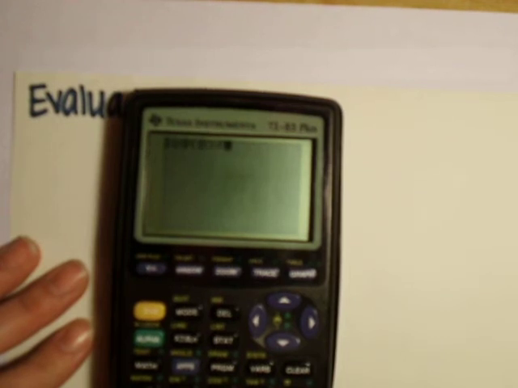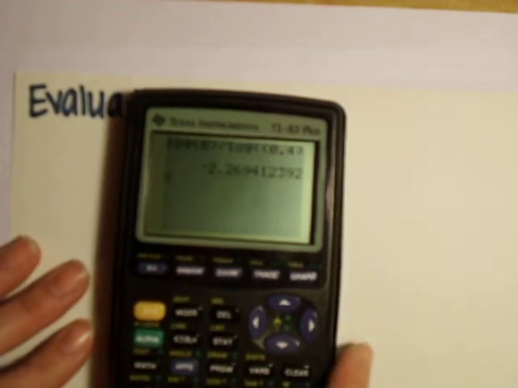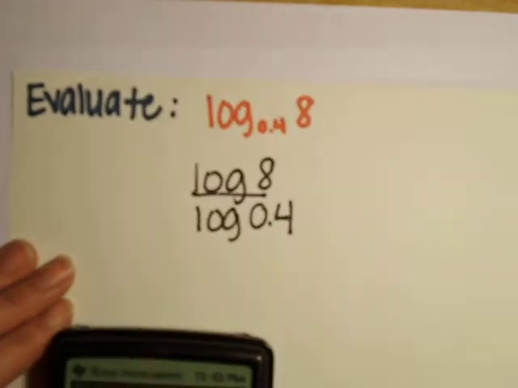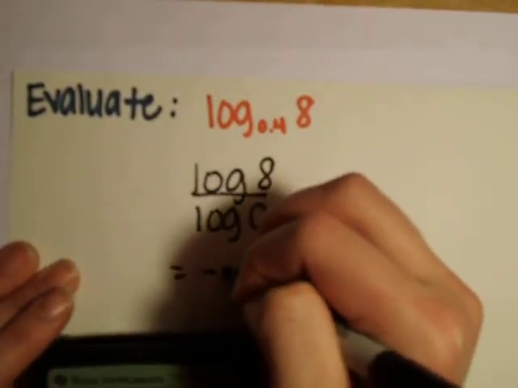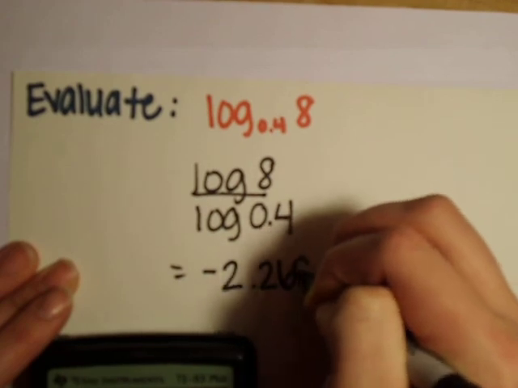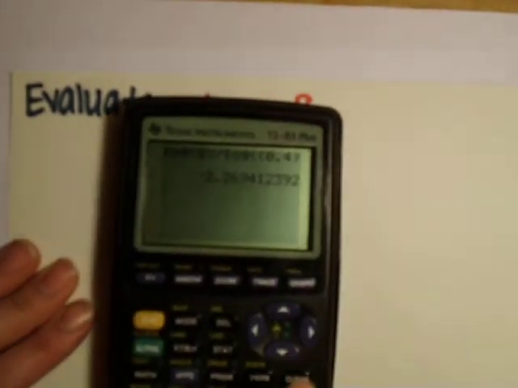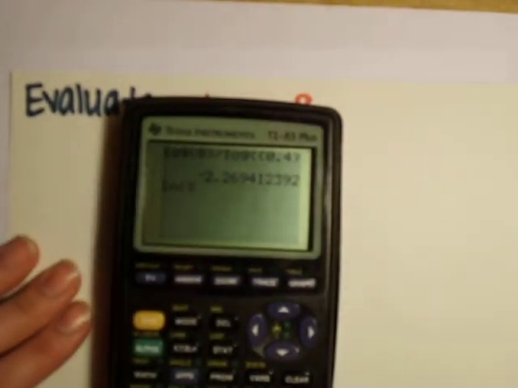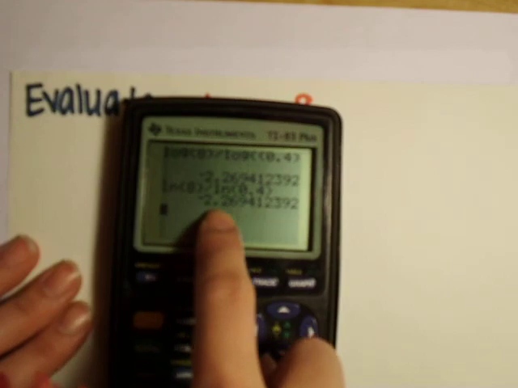Log of 8 divided by log of 0.4. And we're going to get negative 2.269. We can see this also works for the natural log. Natural log of 8 divided by the natural log of 0.4. We still get negative 2.269.